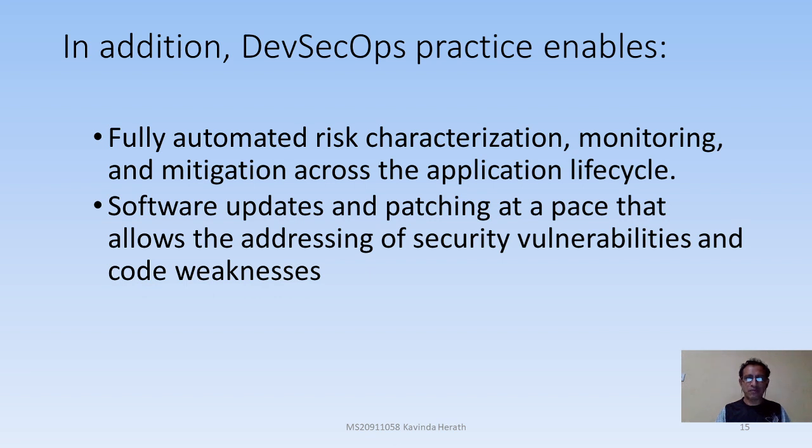Software updates and patches allow addressing of security vulnerabilities and code weaknesses. This should be monitored and upgraded continuously as a principle. Otherwise, you could have many vulnerable systems and some weakness in the code. To keep it strong, it is a must.